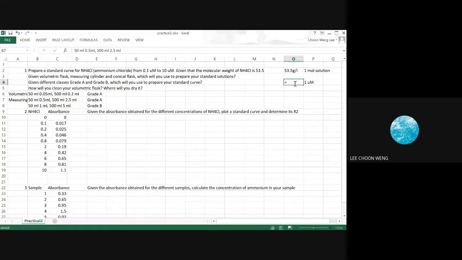So it's about 53.5 divided by 1000. Okay, so this is 0.0535 gram in 1 liter solution. So if you are to prepare a 0.1 micromolar, there will be 0.00535 gram per liter. So do you foresee any problems here?